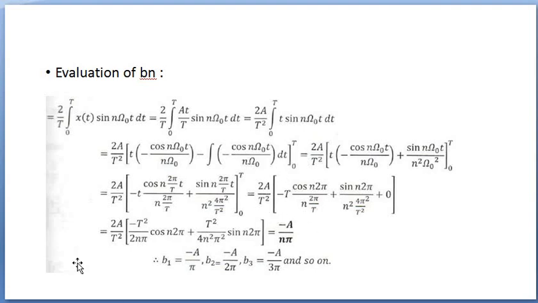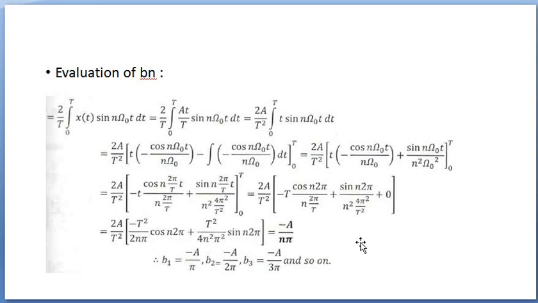So the term becomes 2a by T square, minus T square cos n 2 pi by 2n pi plus T square sin n 2 pi by 4n square pi square. Sin n 2 pi value is 0, cos n 2 pi value is 1. So T square and T square get cancelled, 2 and 2 get cancelled. So bn is equal to minus a divided by n pi.